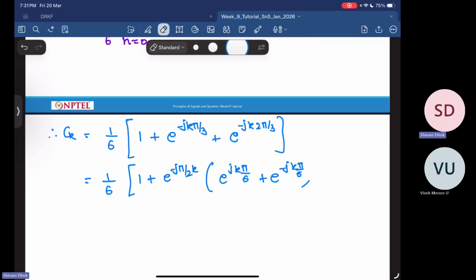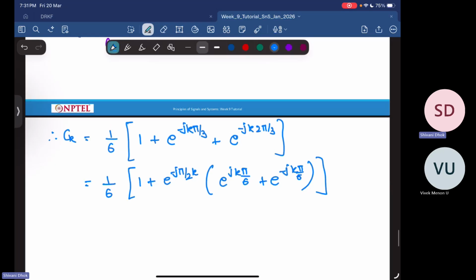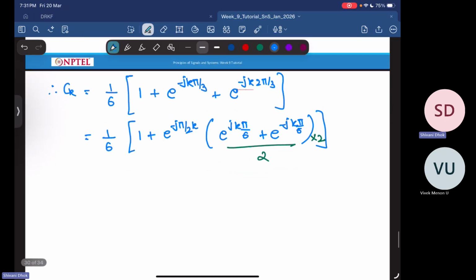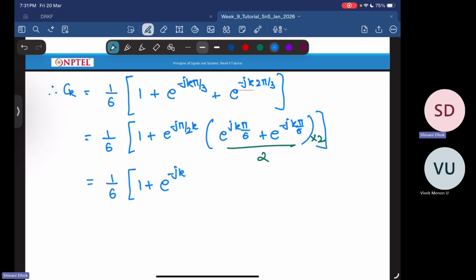Now I can multiply and divide by 2. That will give me 1 by 6 into 1 plus e power minus j k pi by 2 into 2 times cos of k pi by 6.